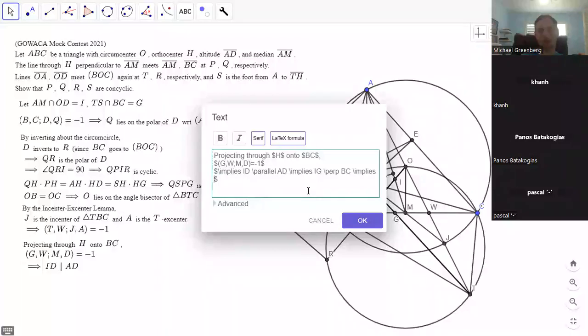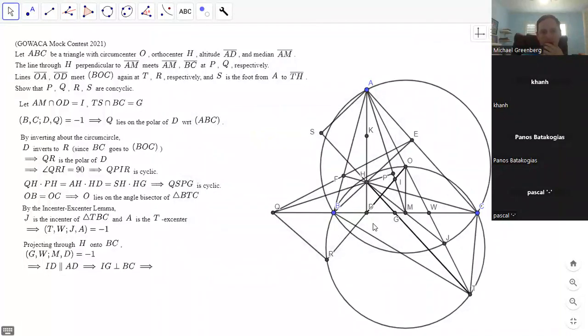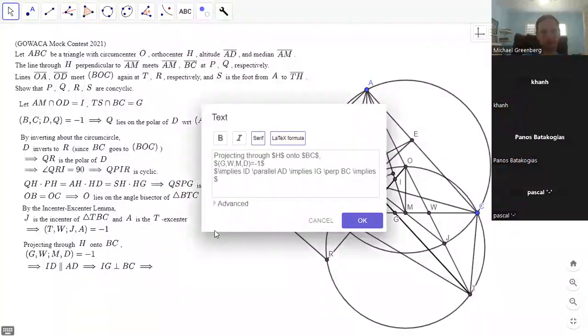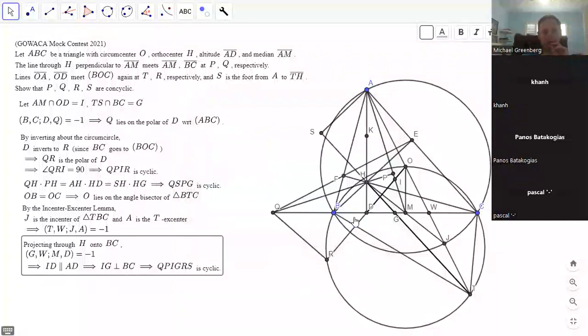That means that QPIGR is cyclic. And then S is on it, and which solves the problem.